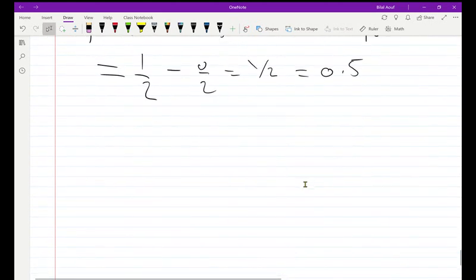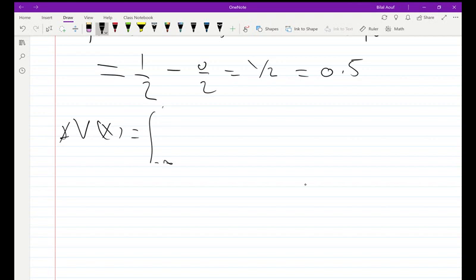So this is how I calculate the mean. Now the variance is a bit similar to before. V(x) is equal to the same formula as in the discrete random variable, but instead of the summation I use the integration: the integral from minus infinity to plus infinity of x squared f(x) dx, where in the discrete case I put xi squared p(xi), minus the mean squared.